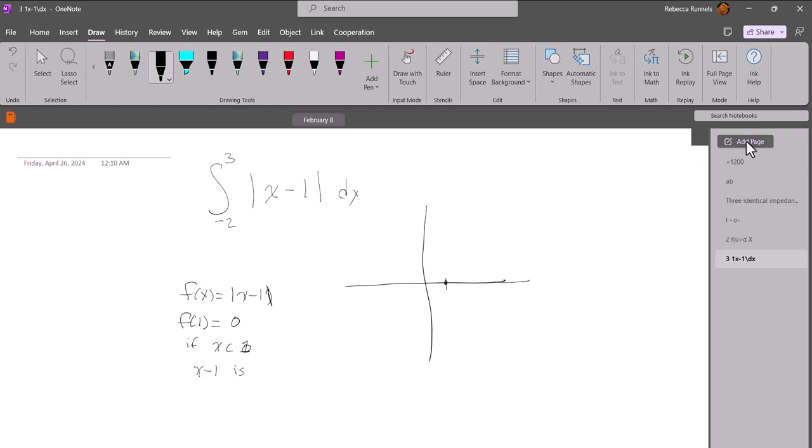If x is less than 1, then x minus 1 is negative. And x greater than 1, x minus 1 is positive.